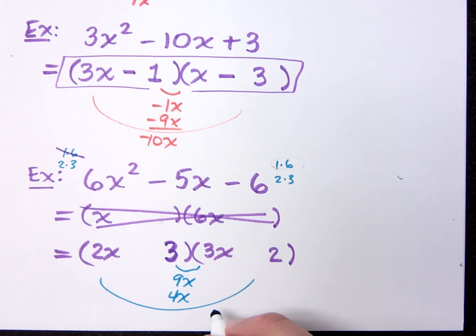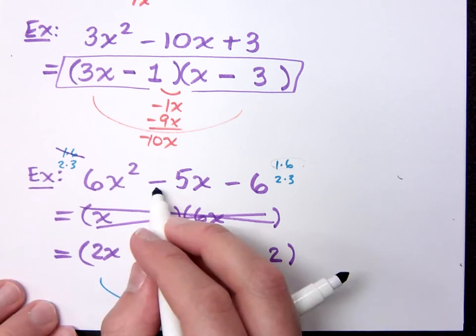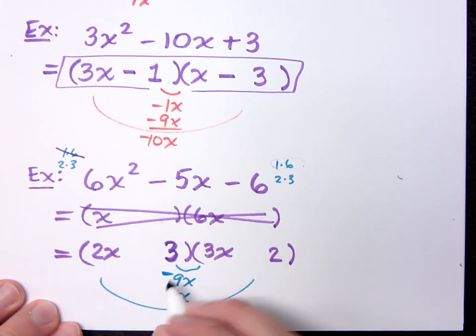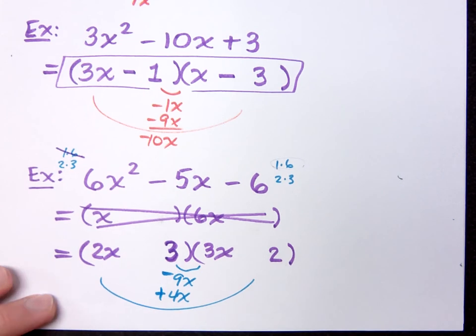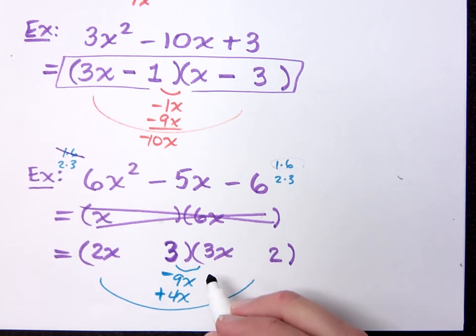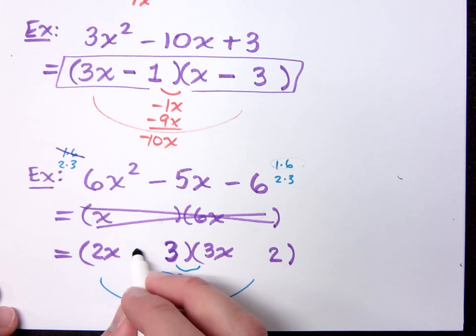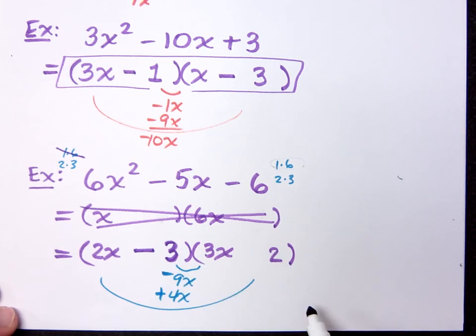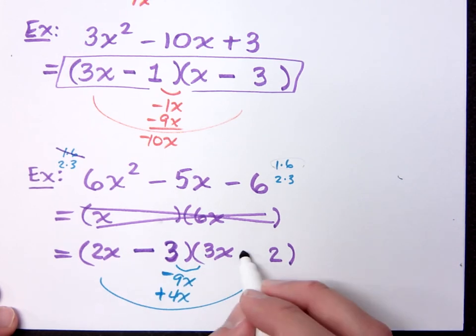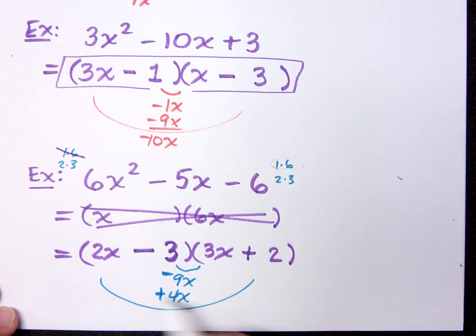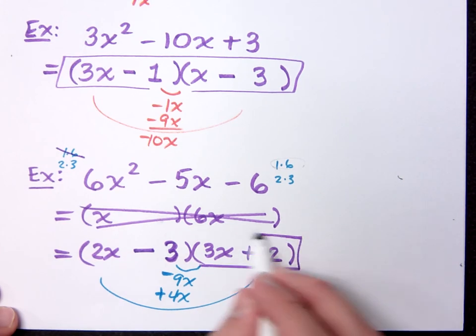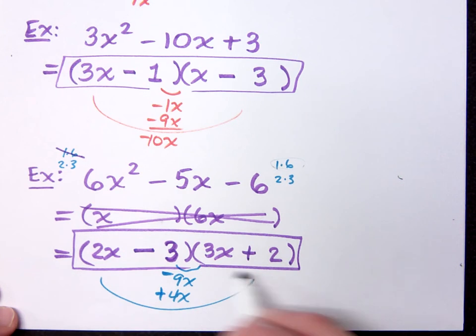Which one do you want to be positive or negative? The large number needs to be negative, so it needs to be negative 9x, positive 4x. So where did the negative 9x come from? 3x times negative 3, and the 4x came from 2x times positive 2. Questions about that guy?